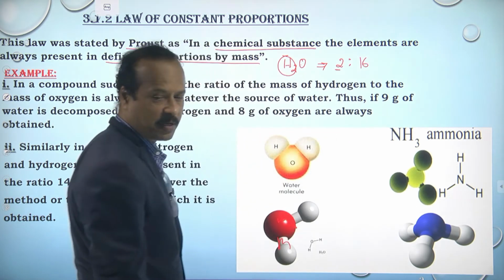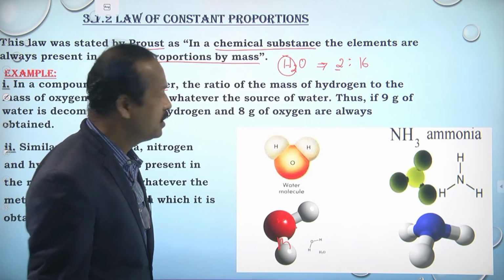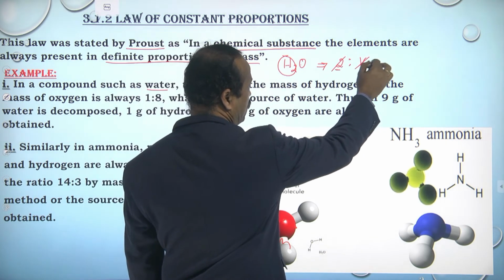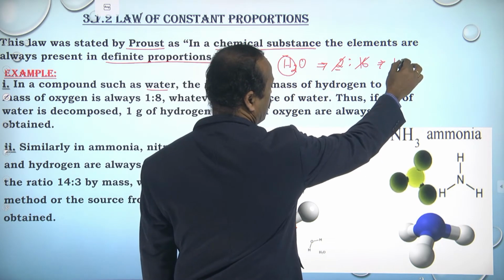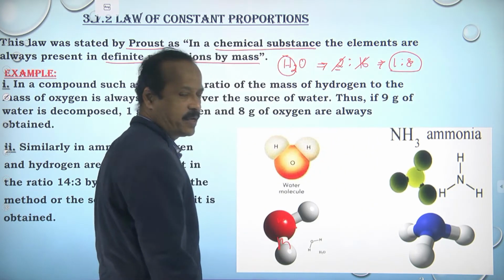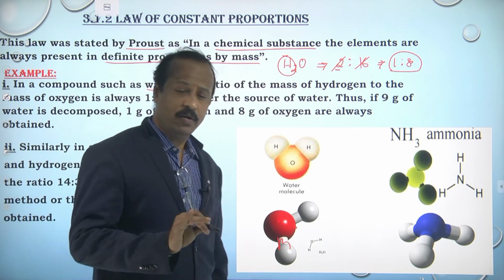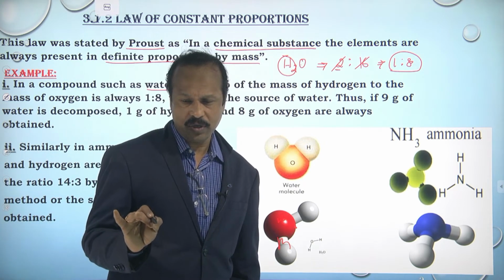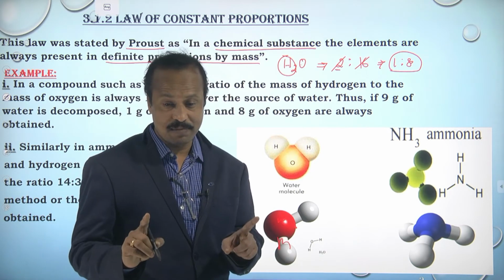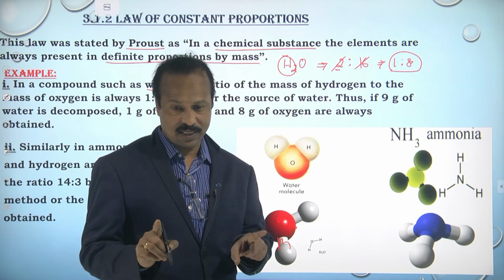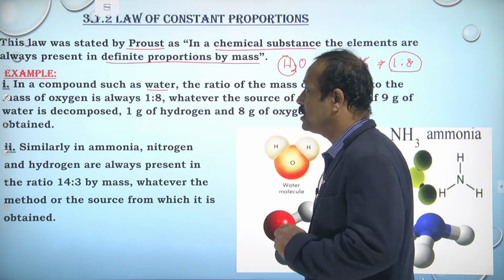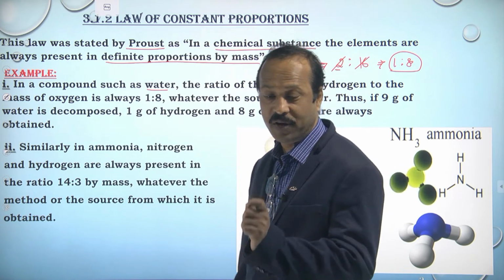So 2:16, you can cancel it, 1 and 8. So, the mass ratio is 1:8. Whatever the source, you take the water, the ratio of mass of those elements remains constant. So, this is called the law of constant proportions or law of definite proportions.